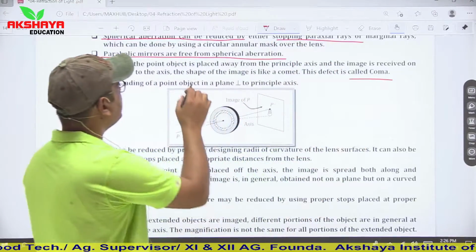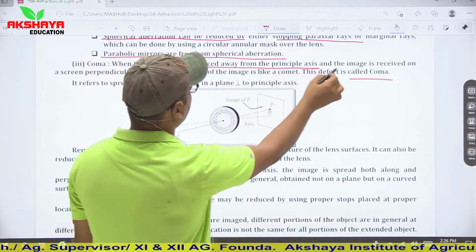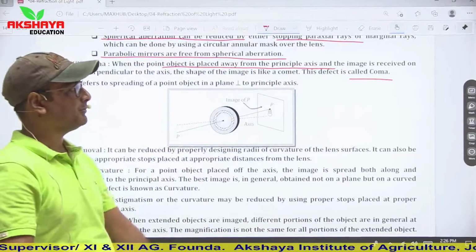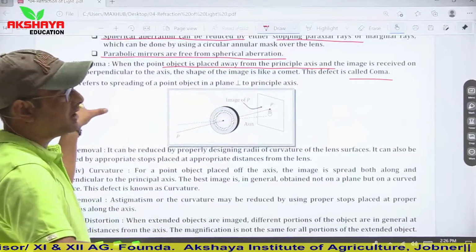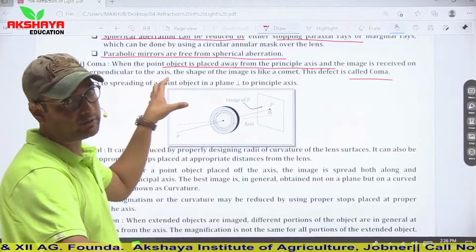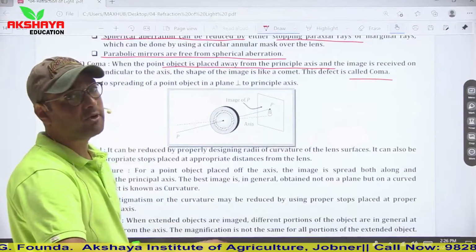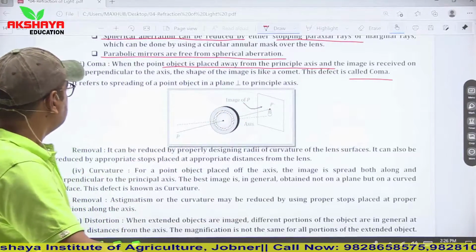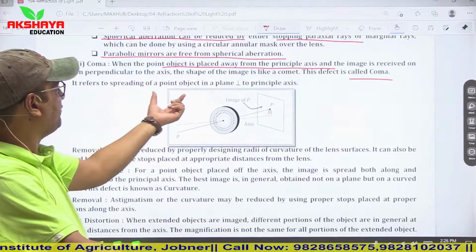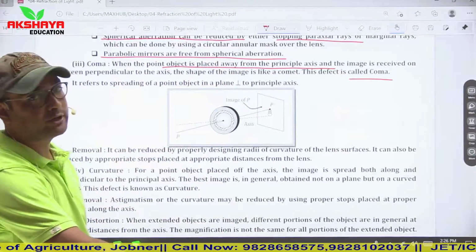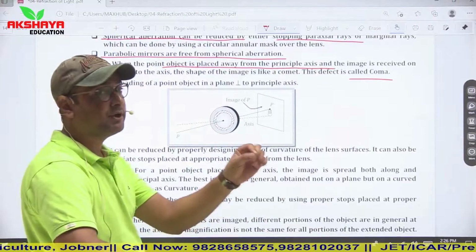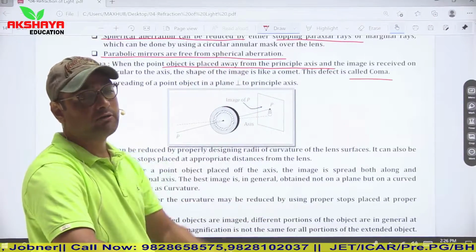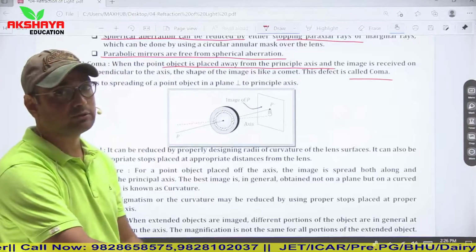It refers to spreading of a point object in a plane perpendicular to the principal axis. It means here a point object is spread in a plane perpendicular to the axis.